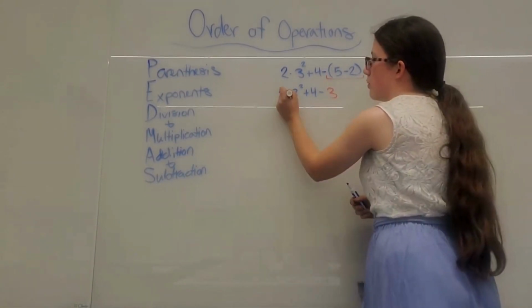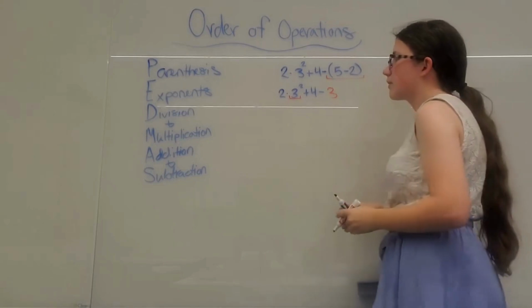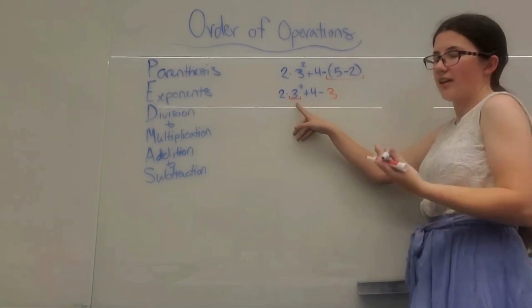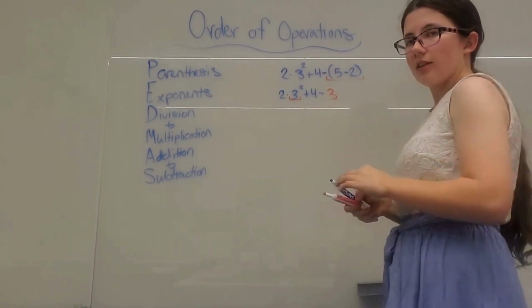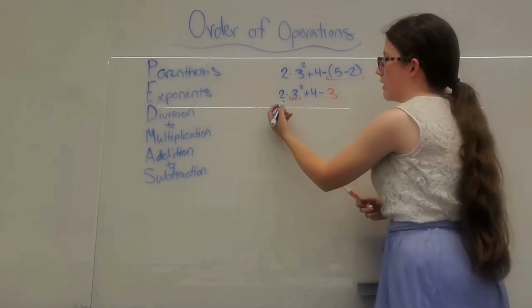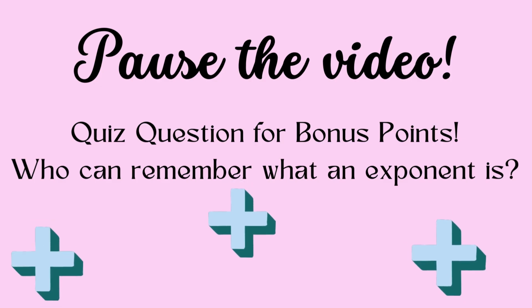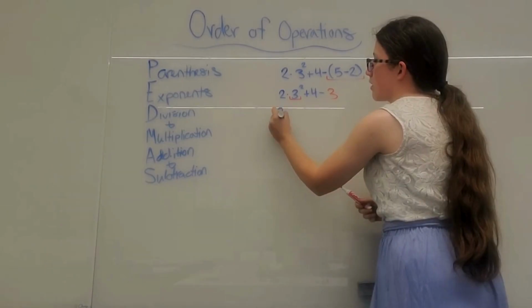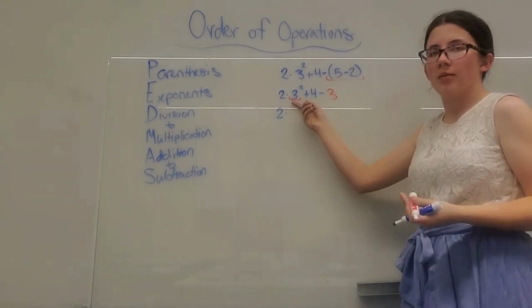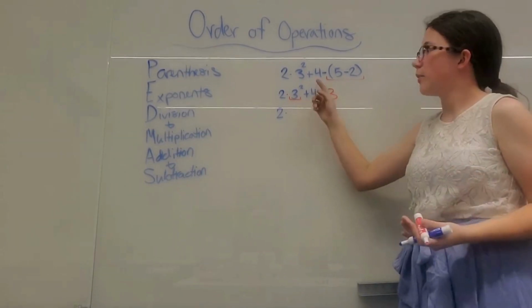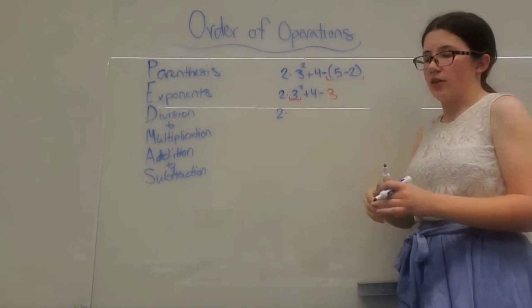Next, we're going to do our exponent. We can tell this is an exponent because it has that little number at the top. So, as you can remember from our last lesson, an exponent, the big number is the number being multiplied, and the little number tells us how many of them there are.